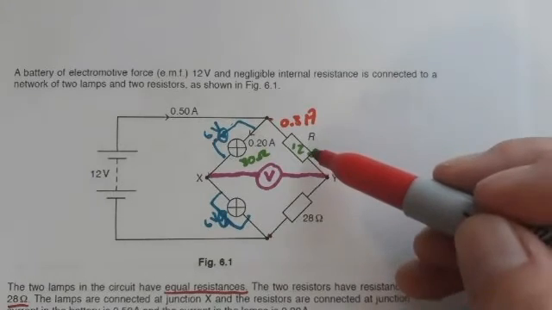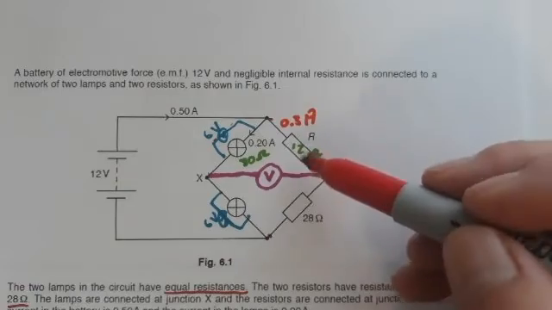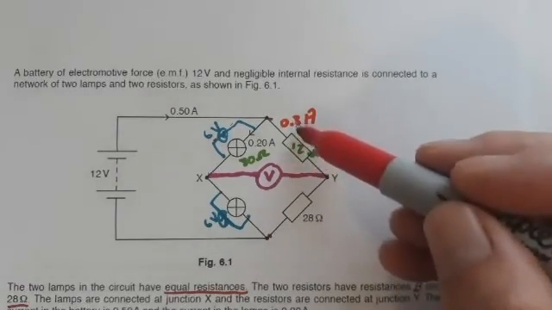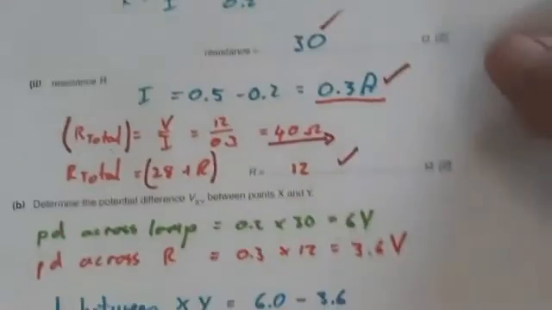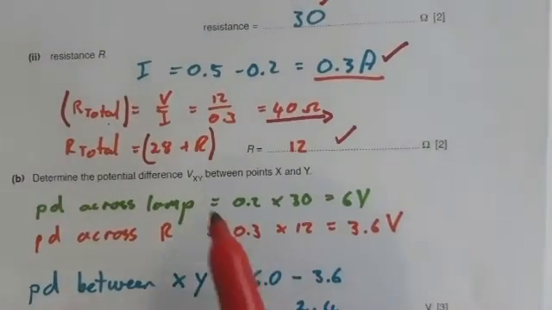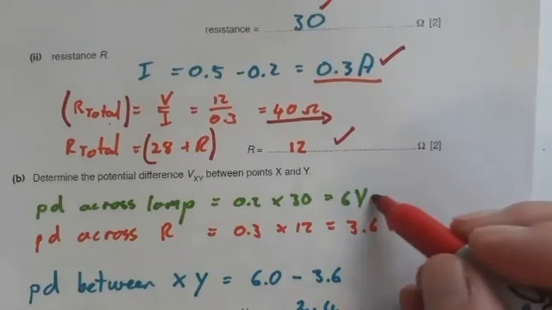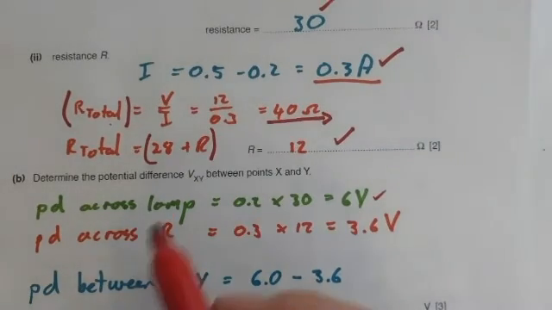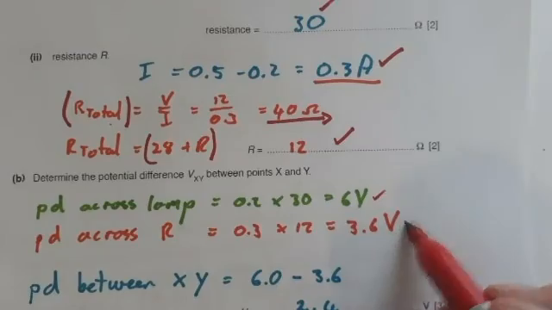Well, I don't know, but I can calculate it because my potential difference, V, is equal to R times I. So the 0.3 times the 12 ohms. So we can do that. I've shown both. I can calculate the potential difference across a lamp. That's my 6 volt. The potential difference across that is 3.6.